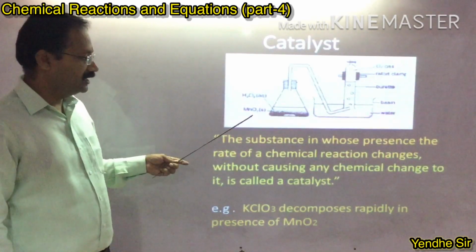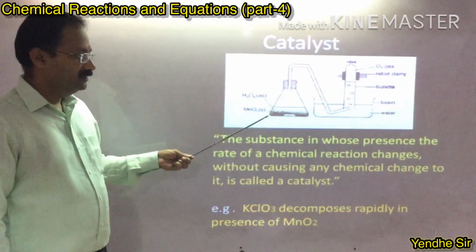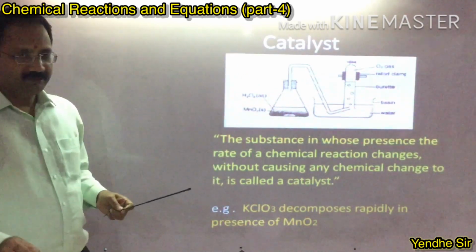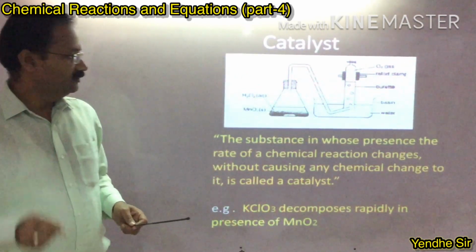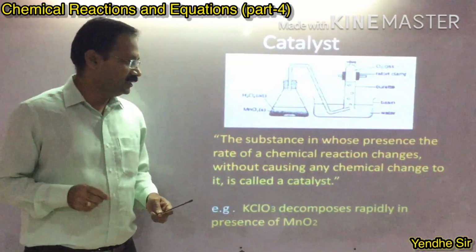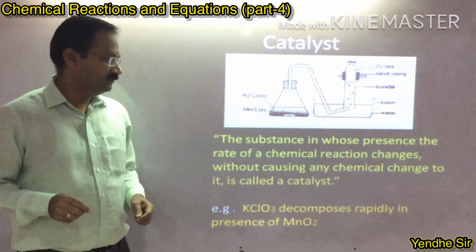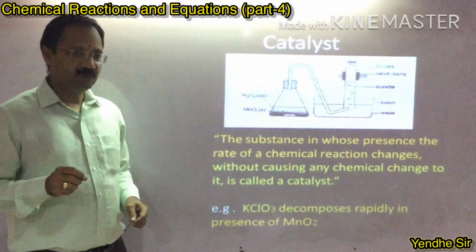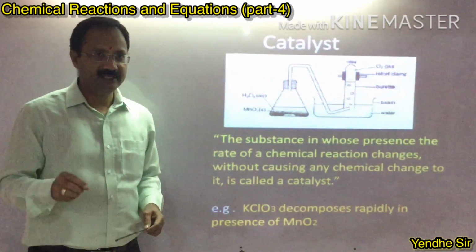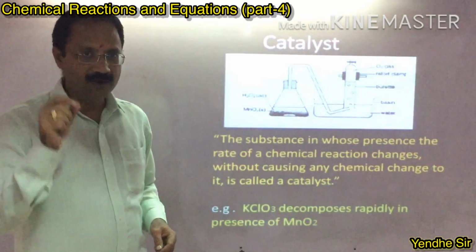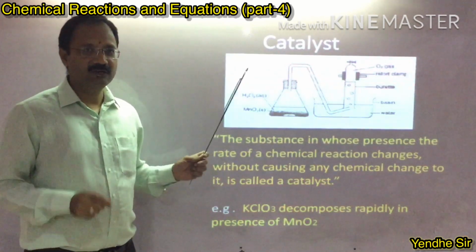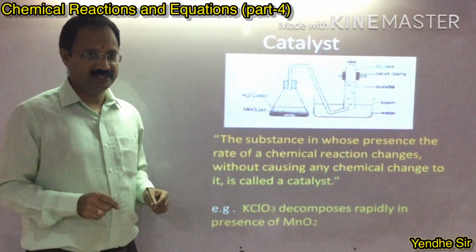If you add magnesium oxide, then the rate of reaction will be increased. It means the substance in whose presence the rate of chemical reaction changes without causing any chemical change is called a catalyst. Catalyst is also one point which increases the rate of chemical reaction.